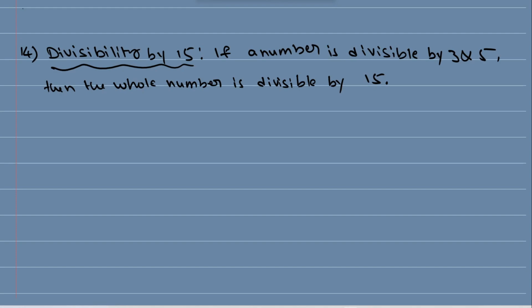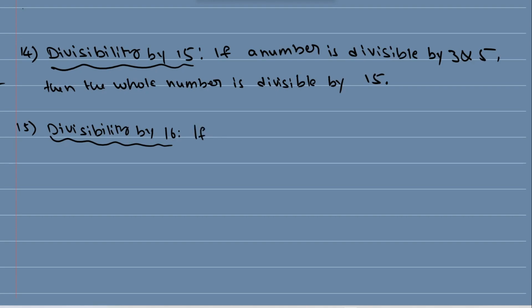Next thing is 16, right? The 15th one, divisibility by 16. For 4 it is the last 2 digits, for 8 it's the last 3 digits, for 16 if the last 4 digits of a number are divisible by 16, then the whole number is divisible by 16.